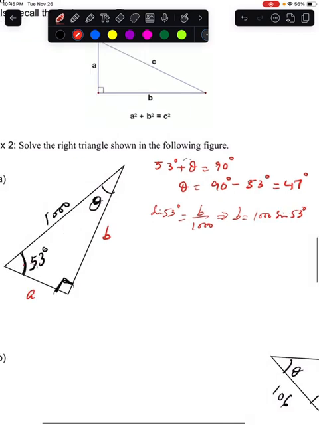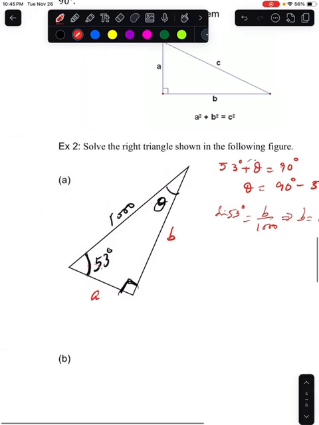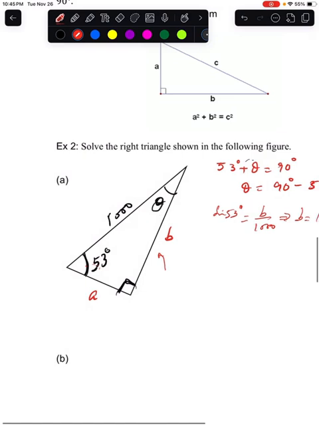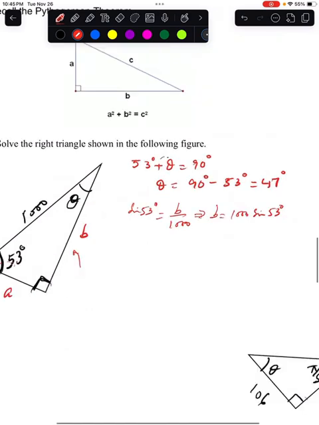Now that we know this side, should I use the Pythagorean theorem? I don't think we should, because we don't know what this will be, and taking a square of that will look complicated. So I could use that cosine of 53 is equal to A over 1000. So A will be equal to 1000 times cosine of 53.